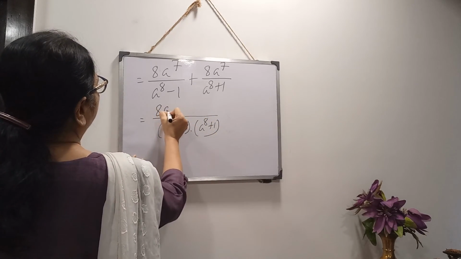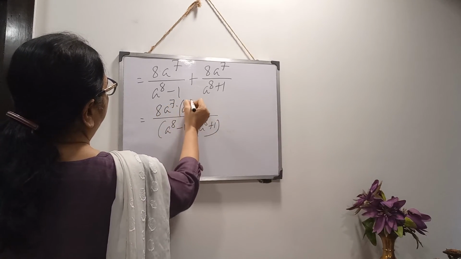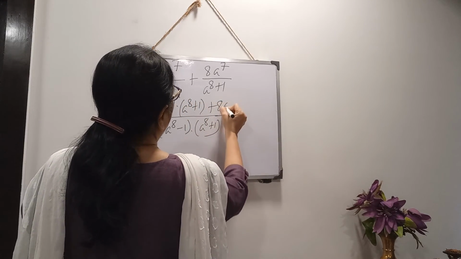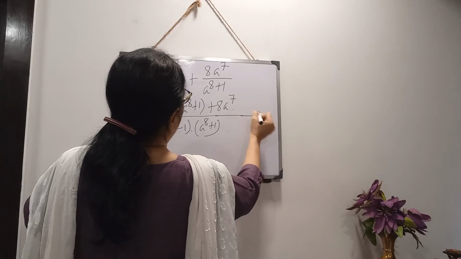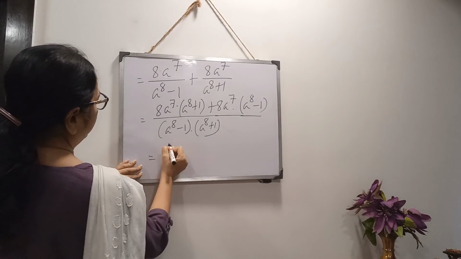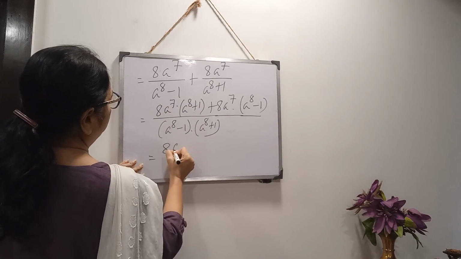Here a to the power 8 plus 1, then open the bracket. In case of multiplication, powers will be added.